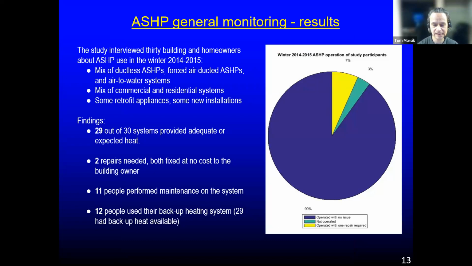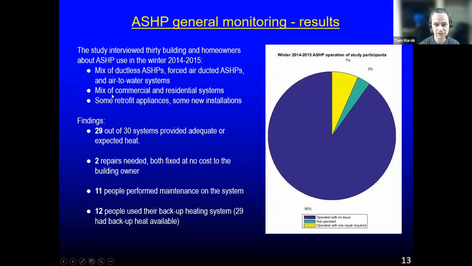So besides the detailed monitoring that I talked about for the 3 units in Dillingham, Wrangell, and Juneau, we did a general monitoring of 30 units throughout Alaska. It was a mix of ductless air source heat pumps, forced air ducted heat pumps, and air to water systems.